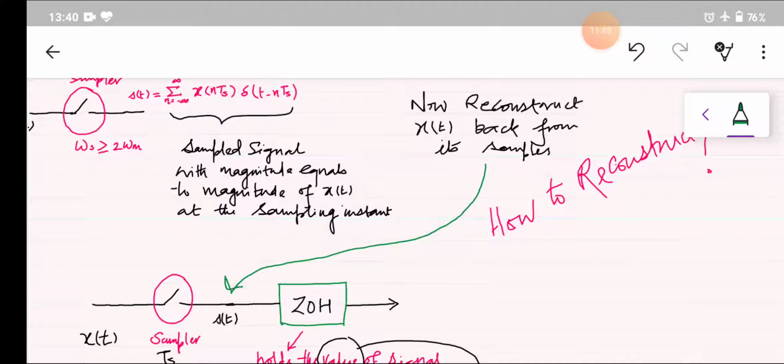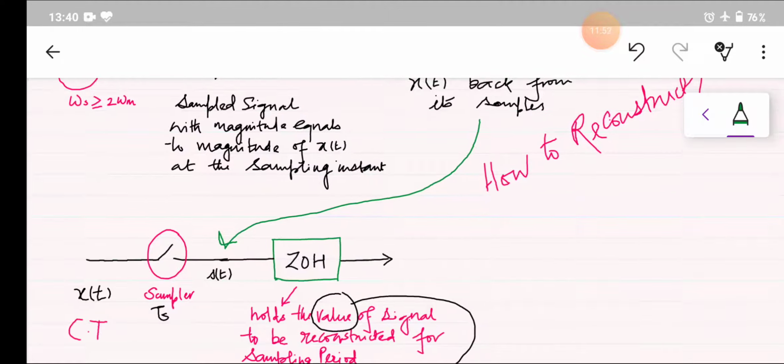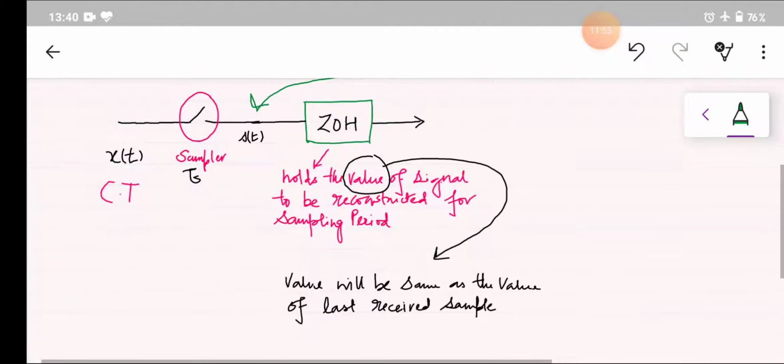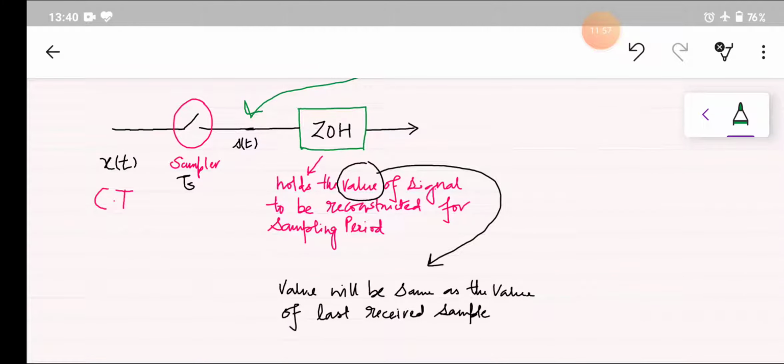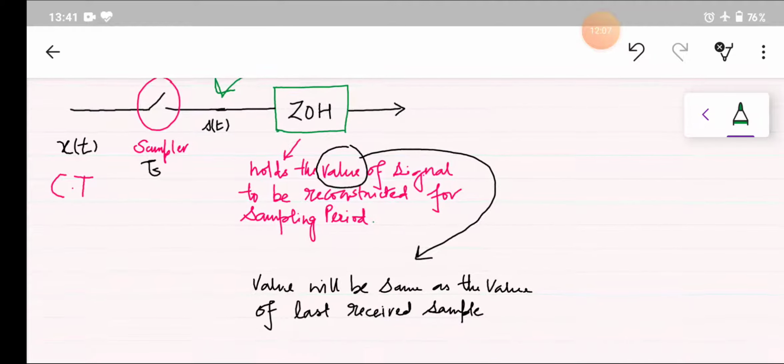At this point we use a zero order hold circuit that holds the value of the signal to be reconstructed for the sampling period. It will hold the signal value for the sampling period, that is Ts, and whatever value it holds will be the same as the last received sample.